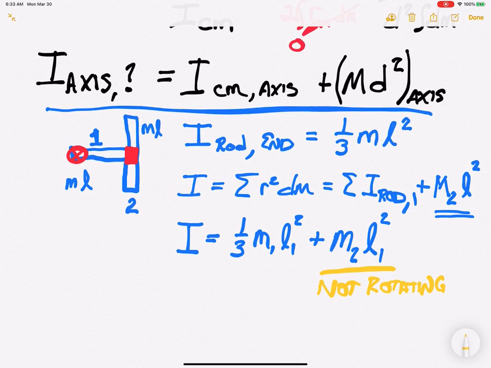It is stuck to the end of a rotating rod, number one, so mass number two just moves with mass number one in the same big circle. So that's a quick introduction to the parallel axis theorem, with a little bit of an example of how it can all come together.